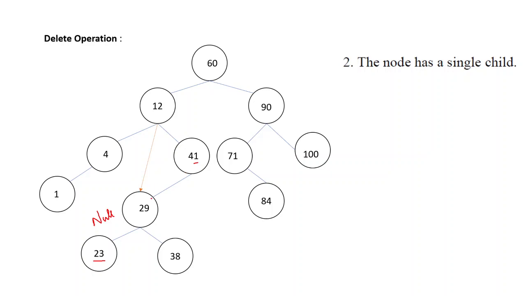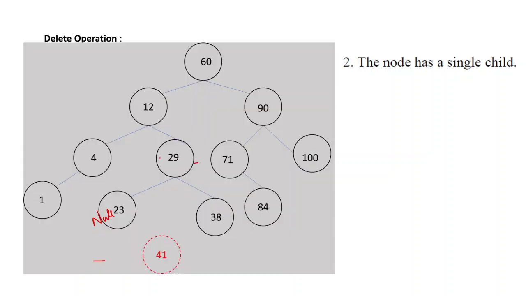So now 29 becomes the right child of 12, 12 now points to 29, and this node 41 is deleted from the binary search tree.